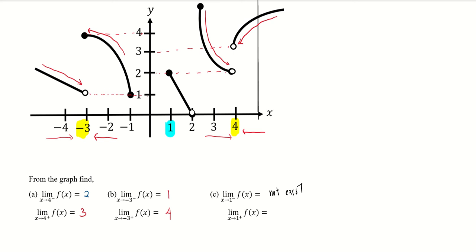And approaching 1 from the right, we look at this graph. When x is approaching 1 from the right, the graph is moving toward the value 2, so the limit is 2. All right, so we can find the one-sided limits.